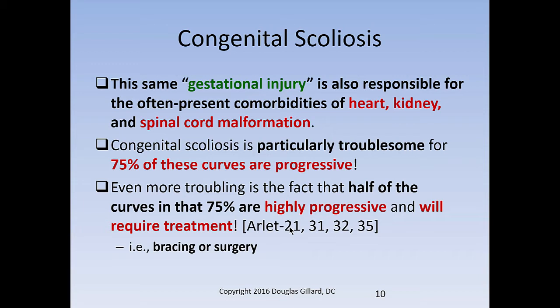In fact, 75% of these curves are progressive. So that's much higher than AIS. Even more troubling is the fact that half of that 75%, so if you have a curve that's progressing and you have a congenital scoliosis, they're highly progressive and will require at least bracing and hopefully not surgery.